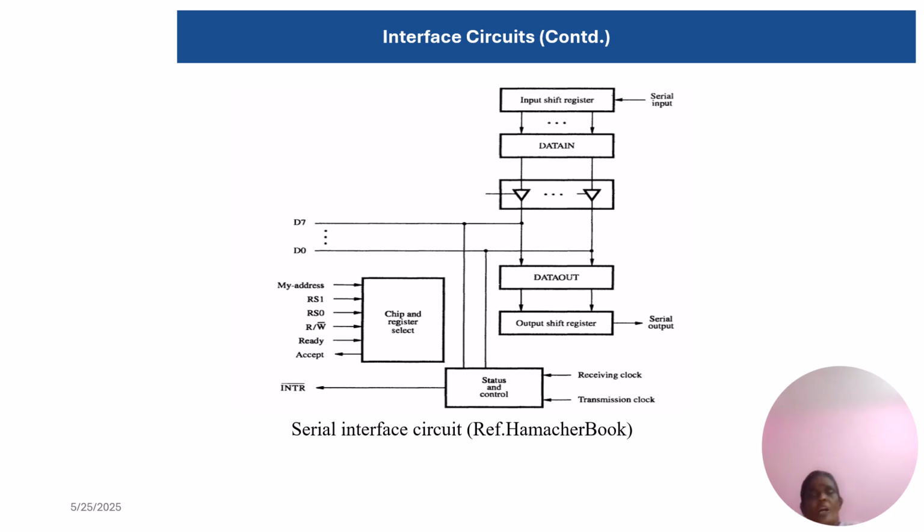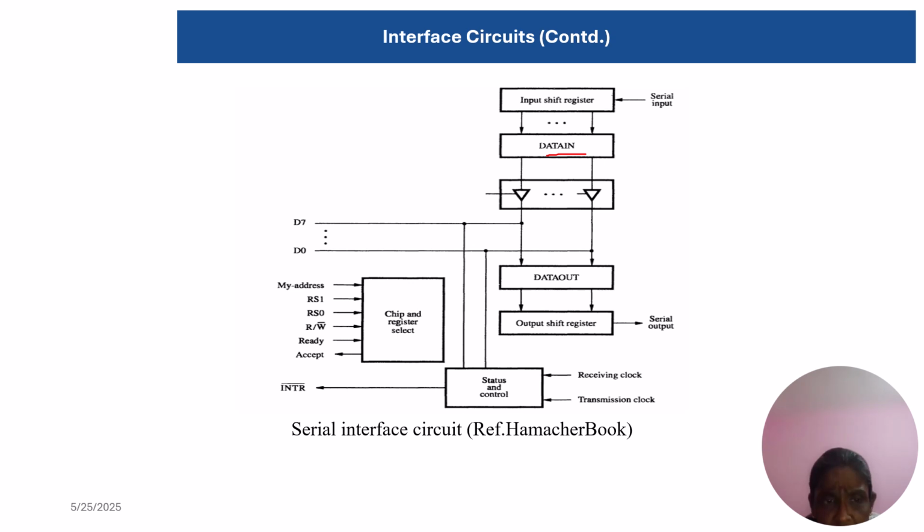So this is the interface circuit. Here we see the serial input coming from the input-output devices. The input shift register converts the serial input to parallel output. This output goes into the data in register, from which the data goes to the processor through the data lines, almost always 8-bit lines.